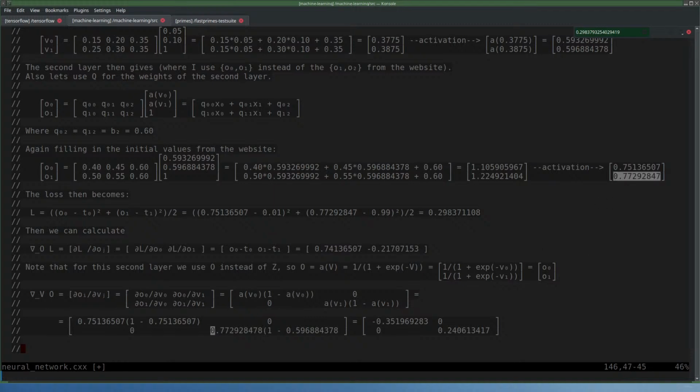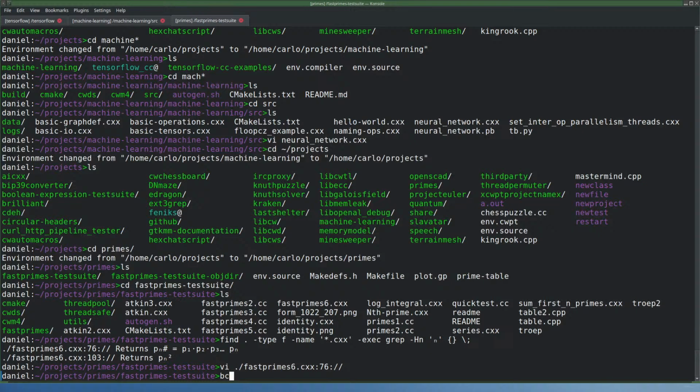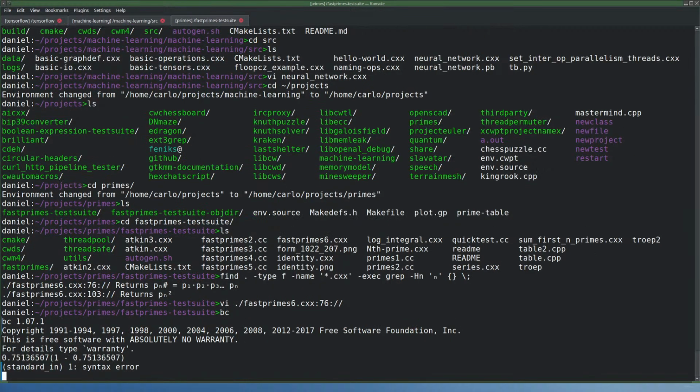And calculate it again. Would have been nice if I had a calculator I could paste into, right? Like, paste that. Do I not have that? Can I not do that? PC? Nope.